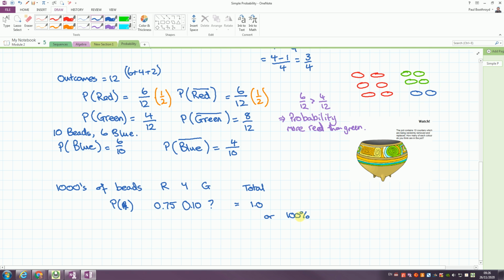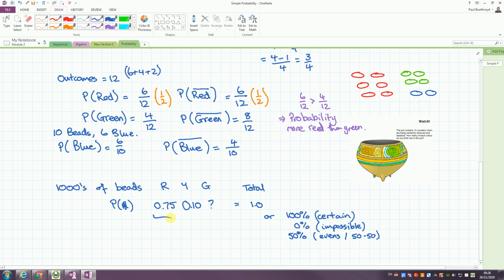You cannot do better than 100%, that is certain, and you can't do worse than 0%, that's impossible. When people talk about evens or 50-50, we've got 50%. Okay, so we've got a total of 1.